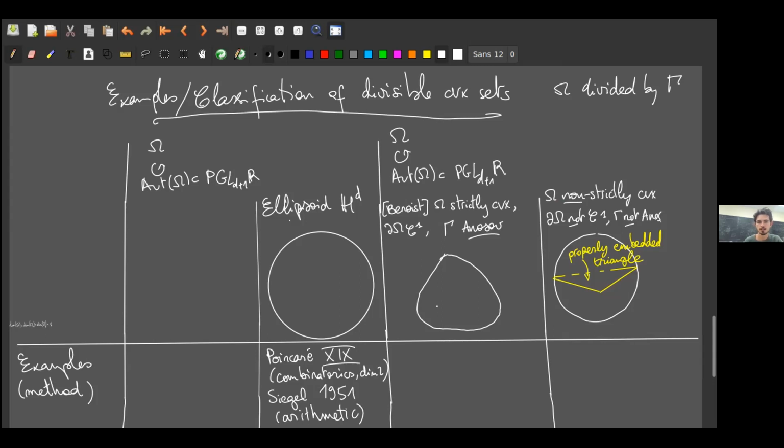As we saw, it's not the only example of divisible convex sets, because one can use bending to produce new examples. This bending procedure is due to Johnson-Millson. And I should also cite Benoist.